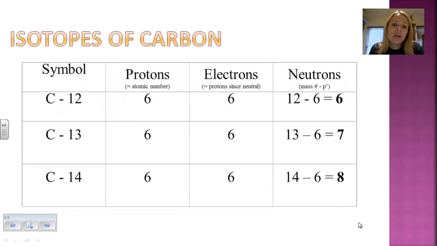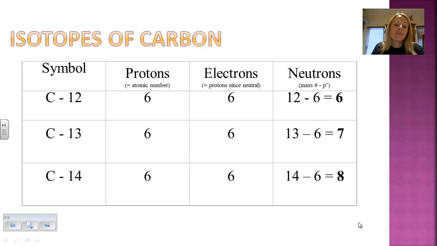So when we're filling out a chart, say I want you to tell me how many protons, electrons, neutrons, and what's the mass of the isotopes that I'm giving to you. I'm going to show you an example again using carbon. We have carbon 12, carbon 13, carbon 14, just like in the previous slide. And you need to fill in the number of protons, let's say.